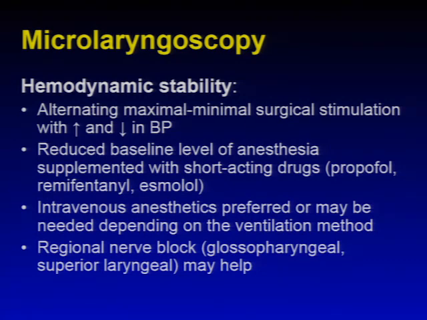So what seems to work the best is a reduced level of baseline anesthesia that's supplemented with a very short-acting drug such as propofol or remifentanil and esmolol, and a preference of intravenous anesthesia over inhalational anesthesia, which may actually be required, especially if the ventilation method does not allow us to use inhalational anesthetics. There are also certain patients in which a regional nerve block, whether a glossopharyngeal or superior laryngeal, may help provide anesthesia and decrease the hemodynamic instability.